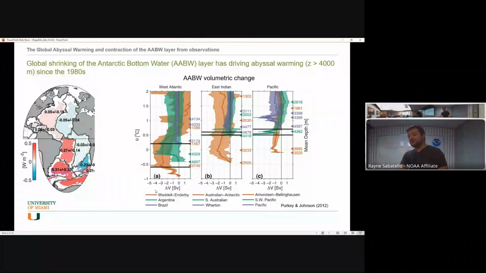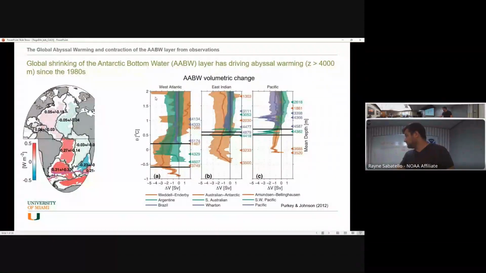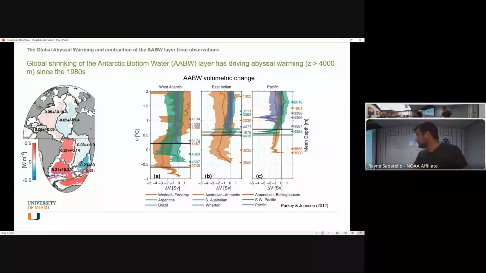If you track those changes along the main pathways of the Antarctic bottom water, such as the West Atlantic, East Indian Ocean, and the Pacific Ocean, we can verify that this cold layer, and now we're talking about everything with a potential temperature below 2 degrees C in this plot, although Antarctic bottom water, depending on where you are, especially in the South Atlantic, is marked by potential temperatures smaller than 0 degrees C, shows a contraction in the volume of those cold waters, all right?